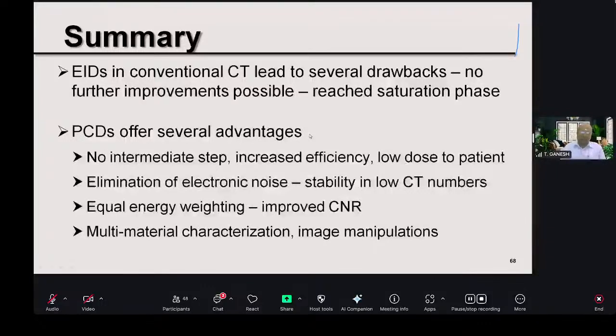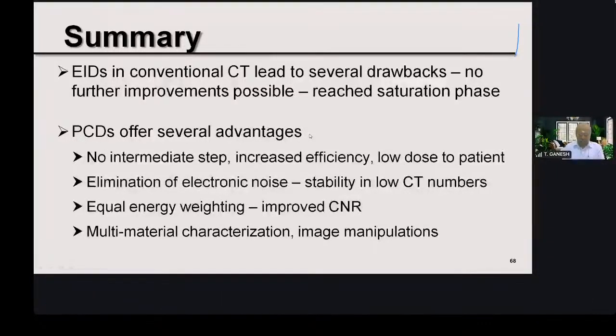So to summarize, energy integrating detectors that we see in our conventional CT scanners lead to several drawbacks, several types of issues, and there is no further possibility for any improvements in conventional CT scanners. You can say that they have reached a saturation phase.